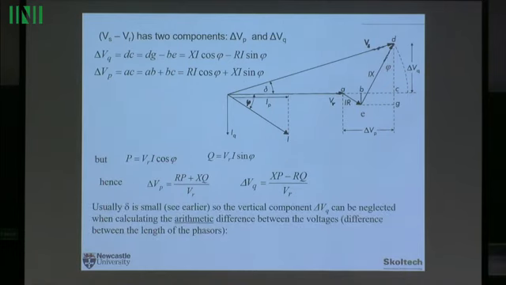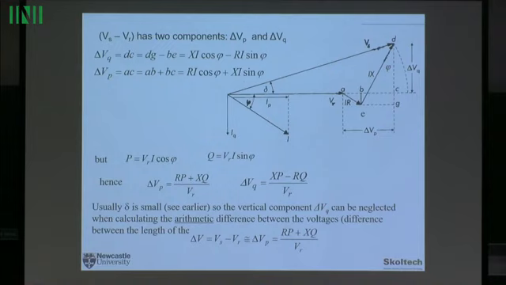But angle delta is small. Remember, for steady state stability reasons, we can assume that delta is small. It means that the difference between the lengths of those two vectors is roughly equal to delta Vp. We neglect delta Vq. If we say that it is equal to delta Vp, it means we are left with this equation.